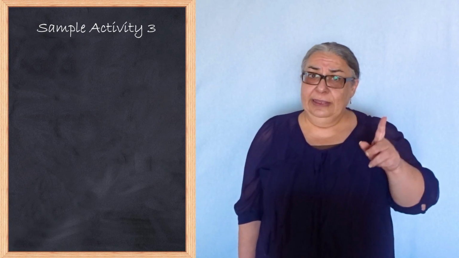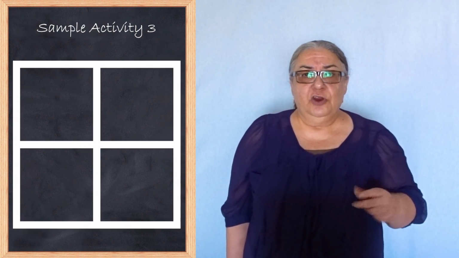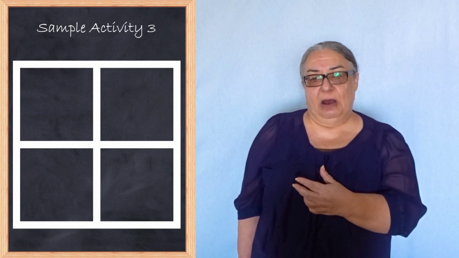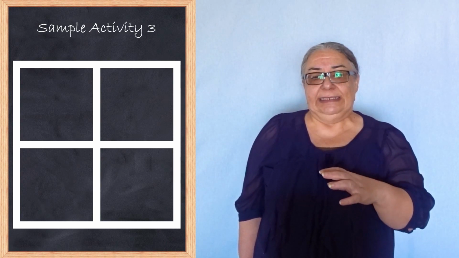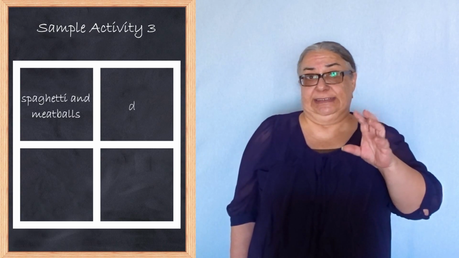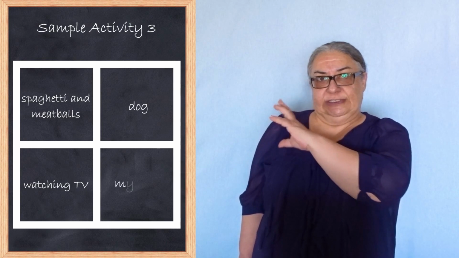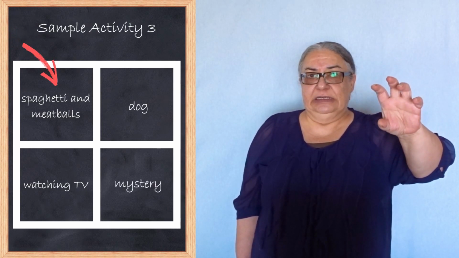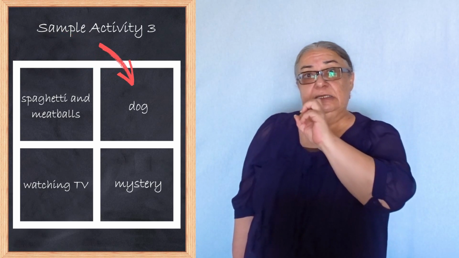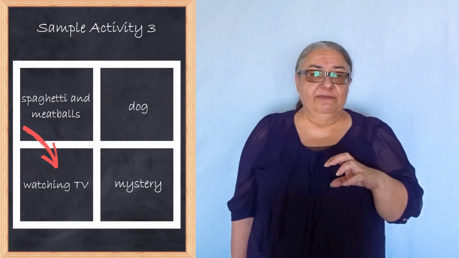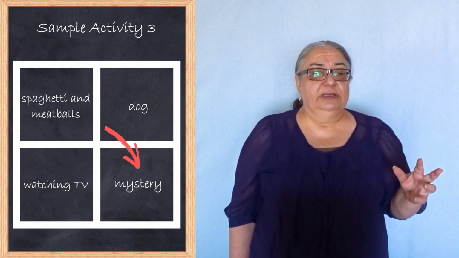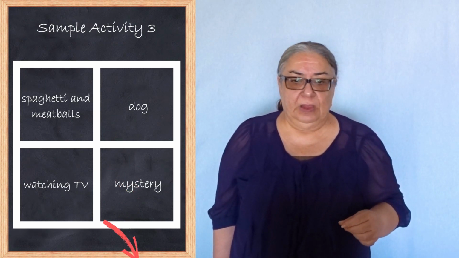Now, on the board, draw this shape, the shape that you see here, and in each box, write category titles. For example, like you see here, your favorite food, okay? Your favorite animal, your favorite leisure time activity, and your favorite movie genre.